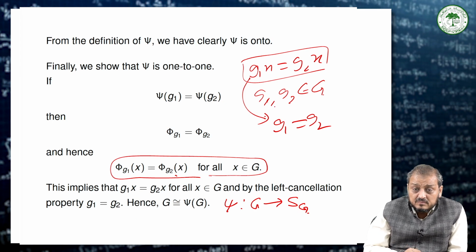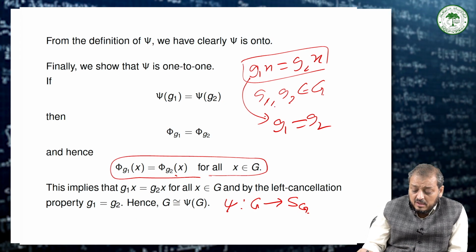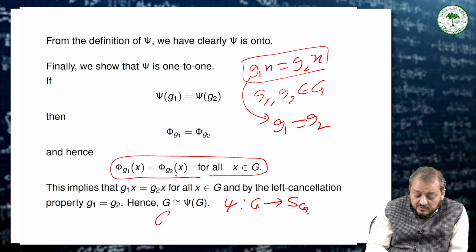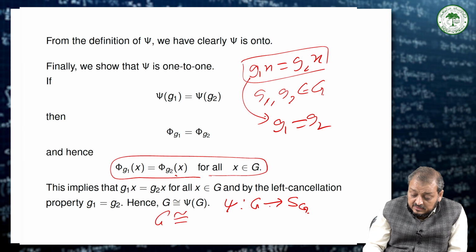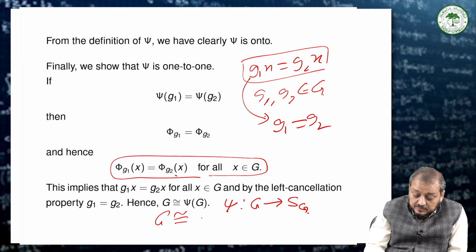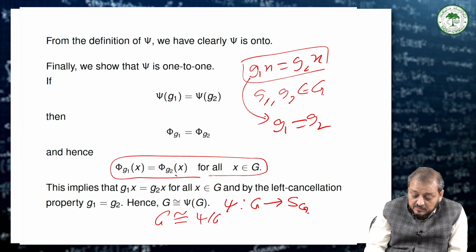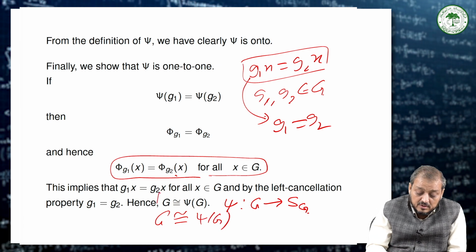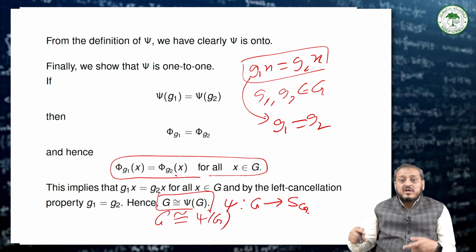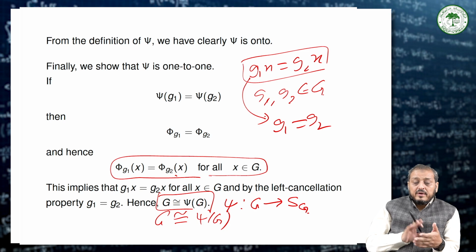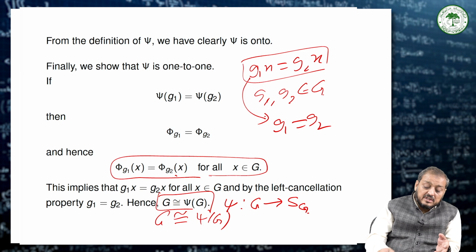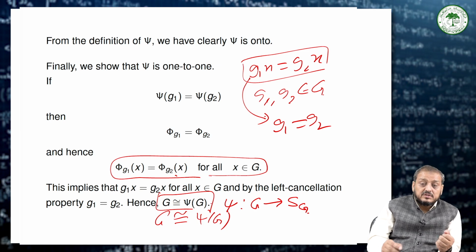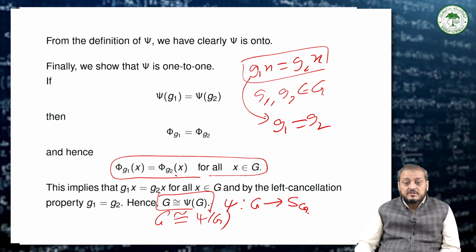By the fundamental theorem of homomorphism, G is isomorphic to the image of psi of G. So by this we have shown that psi is one-one, onto, and a homomorphism. Then we can say that G is isomorphic to the image of psi of G.